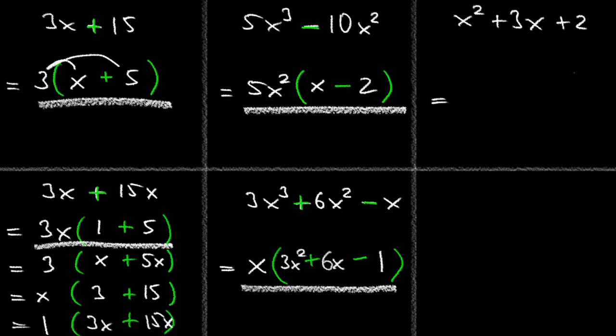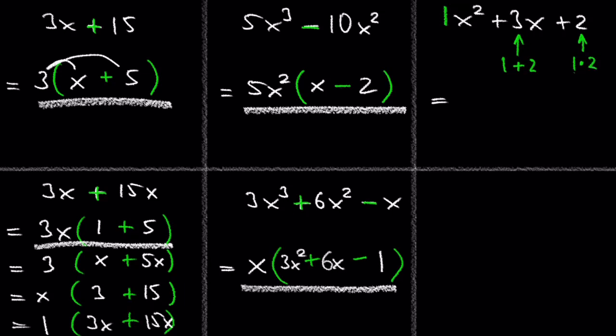When the leading coefficient is 1, like in this example, you can ask yourself which two numbers multiplied together are 2 and which same numbers added together are 3. Feel free to pause the video and find these two numbers. 1 plus 2 equals 3 and 1 times 2 equals 2.